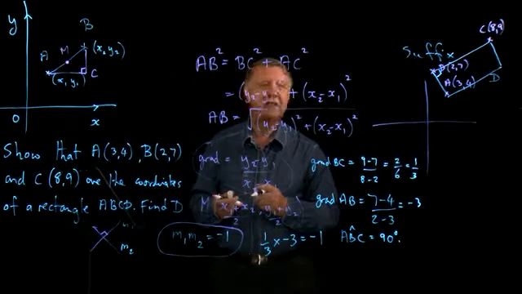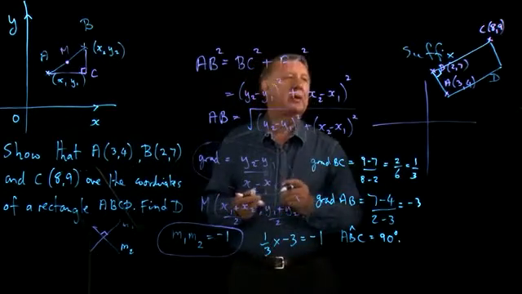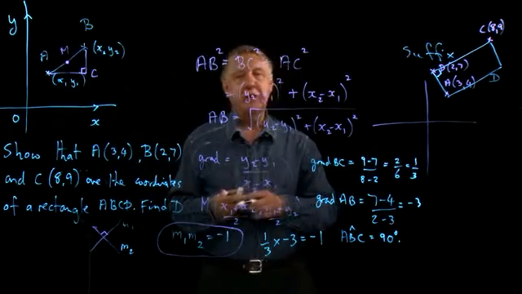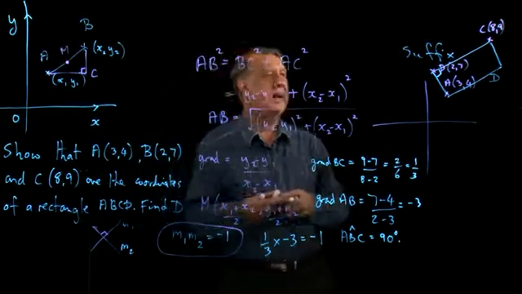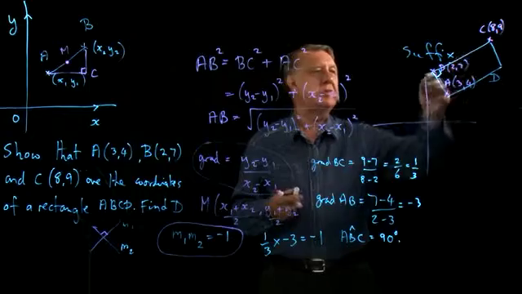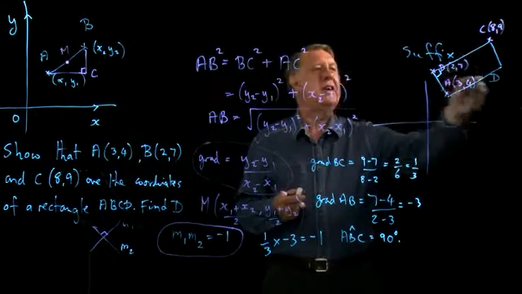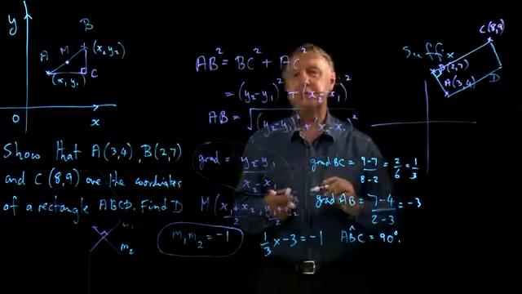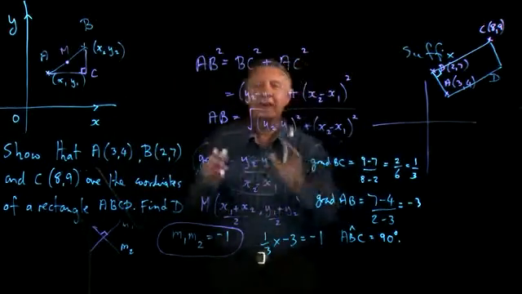Now, how am I going to find D? Well, you might think, again, that's pretty tricky. And some people start to get into finding equations of lines and parallel lines and where these lines meet to establish where D is. We don't need to do any of that.